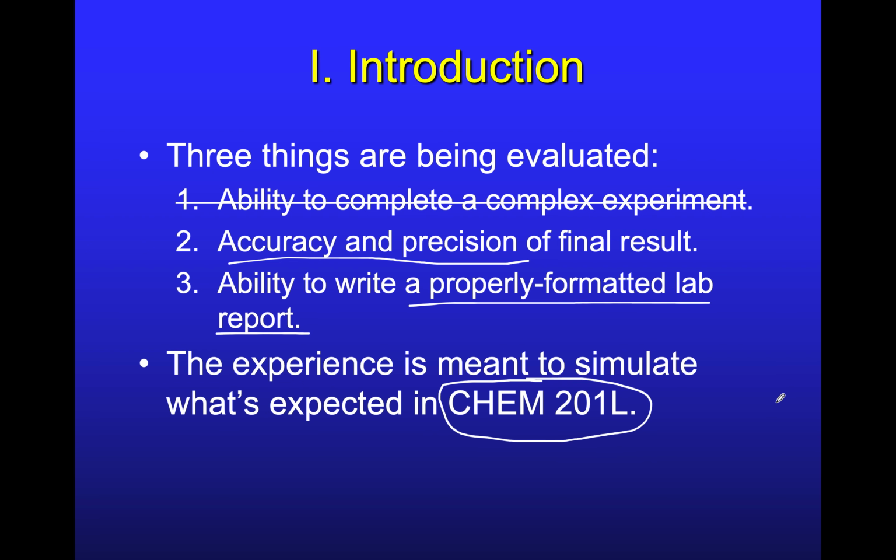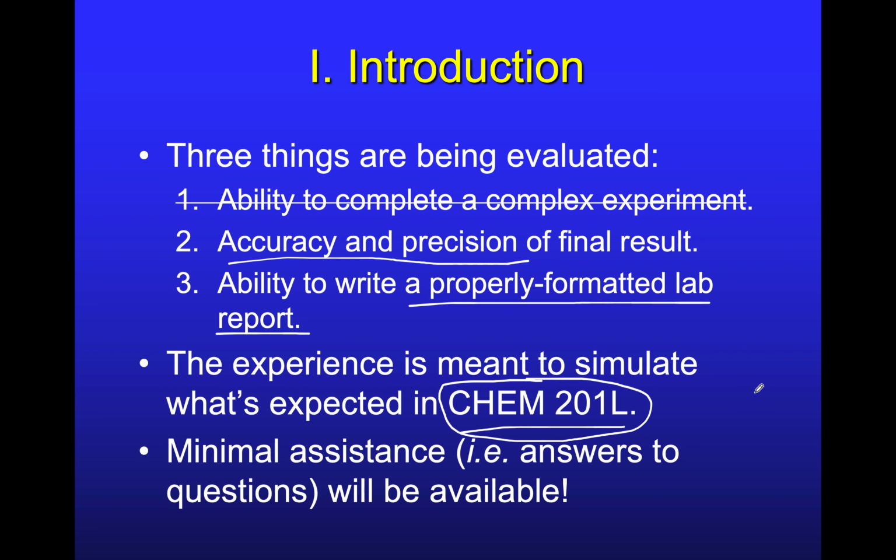You and your partner may be able to communicate while you're social distancing, maybe you won't. So you might be on your own right now, so that would mimic even more CHEM201L, but you won't be doing the experiment. So this also means minimal assistance from me. I will refer you to those resources. These are places you can go for answers, not to me. You can do this. You've got the skills you've developed over this semester to apply to this experiment.